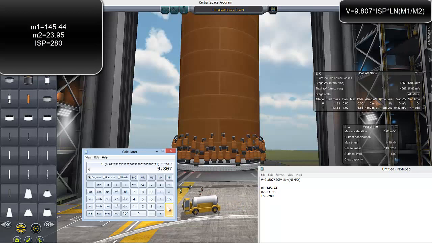Also, it's better to have some leeway. So we can do that, and it gives us a specific impulse of 4,953. Now let's go back and do this number times 9.807, times it by the 250, and it's slightly under that.